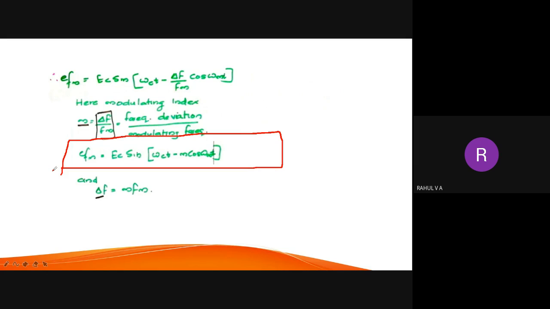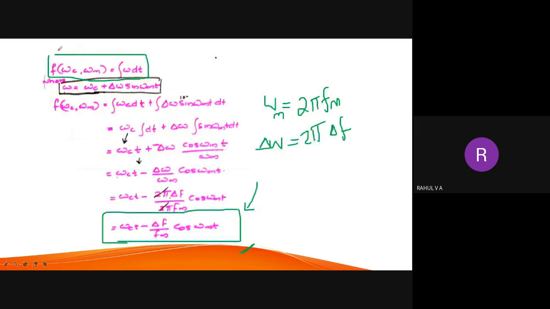Normally for your semester exam, amplitude modulation is asked every time, and frequency modulation is rarely asked. So you can concentrate much more on amplitude modulation, but you can prepare this one also. This is very easy if you know these two lines.